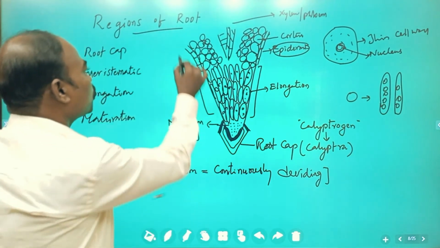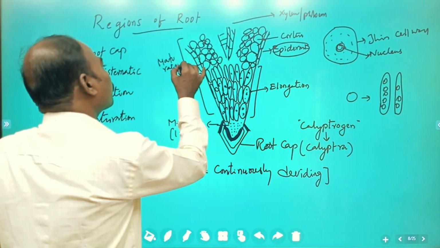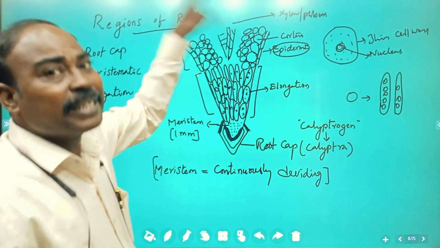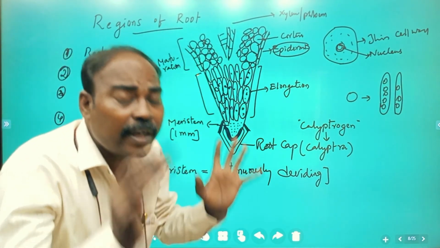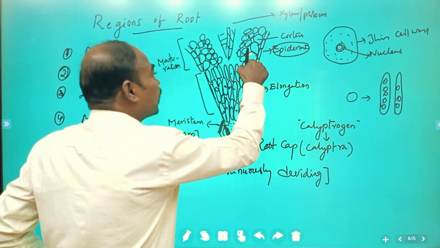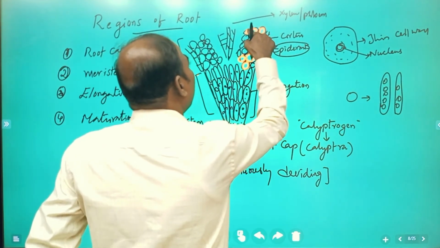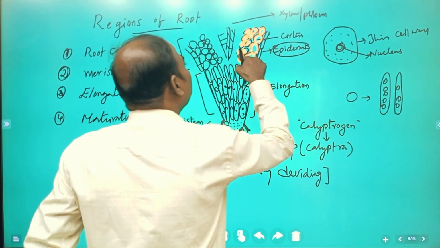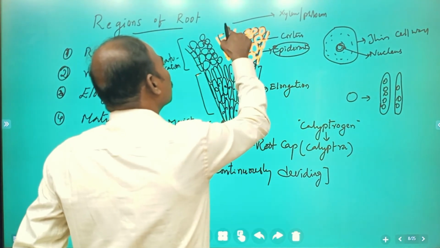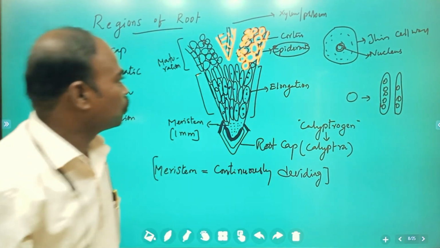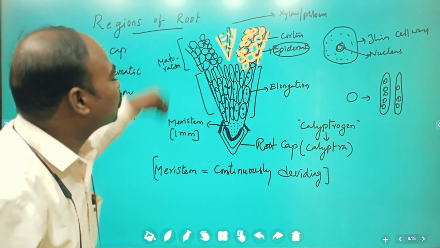So likewise, in the zone of maturation, the elongated cells undergo differentiation, meaning they lose the dividing capacity, and wall thickenings take place, and the wall thickenings form the permanent tissues like epidermis, cortex, and vascular tissues. This zone is responsible for matured, located functions.